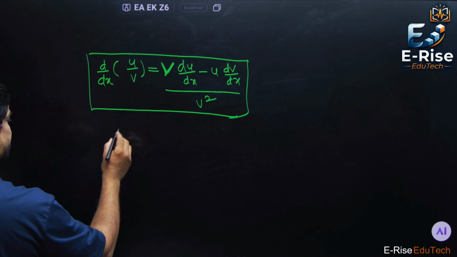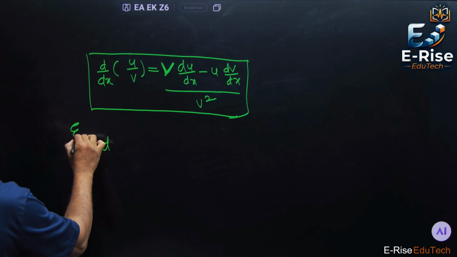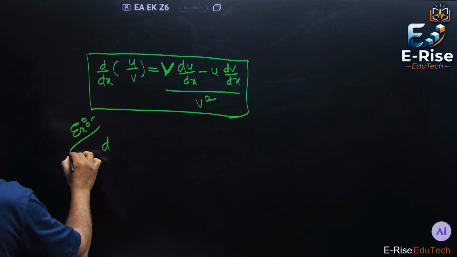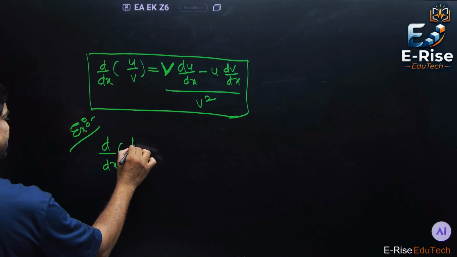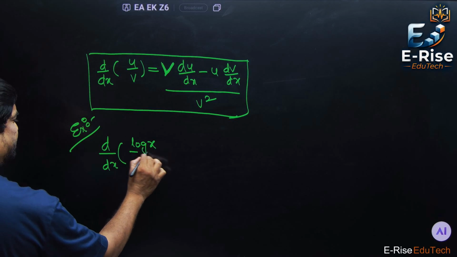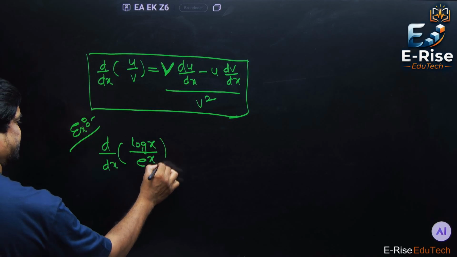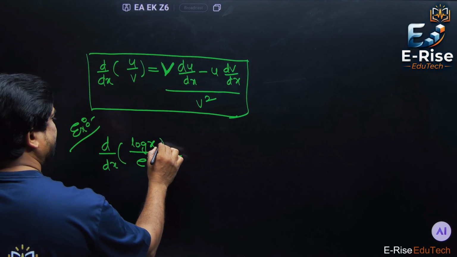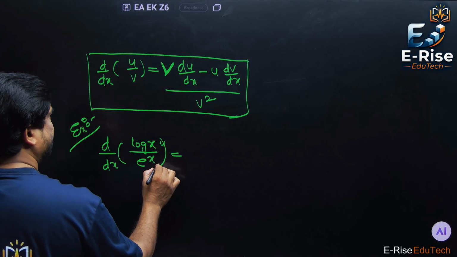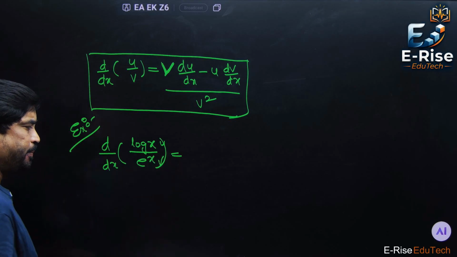Okay. So the example question is d by dx of log x by e power x. Simple. This log x is called u, e power x is called v.